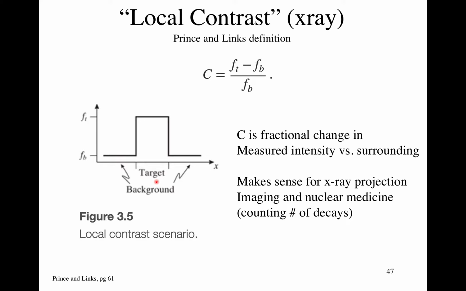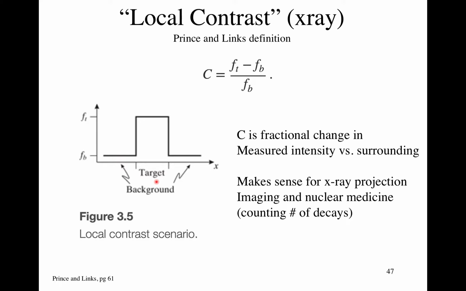As we detect more, the background number increases, as does the target number, and this fraction will stay the same. Just your ability to measure the accuracy of that will increase as you use more photons.